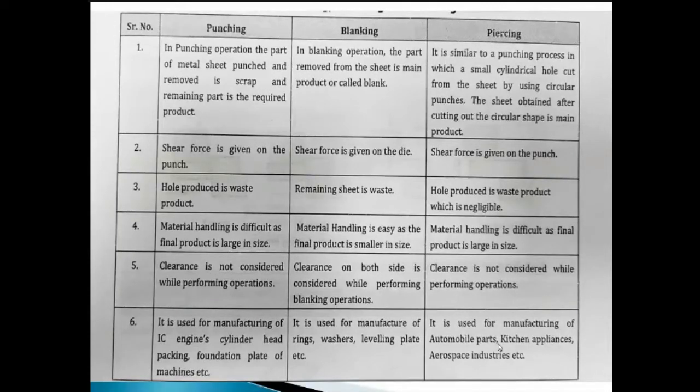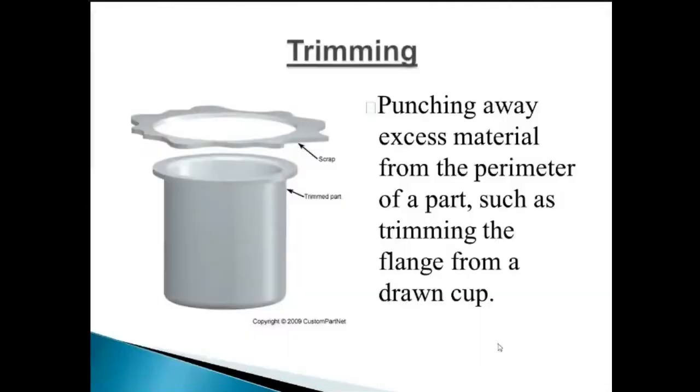And the last one is applications: punching is used for manufacturing of IC engine cylinder heads, packing, foundation parts, plates of machines, etc. In case of blanking, it is used for manufacturing of rings, washers, leveling plates, etc. In case of piercing, it is used for manufacturing of automobile parts, kitchen applications, aerospace industries, etc. This is the general difference between punching, blanking, and piercing.